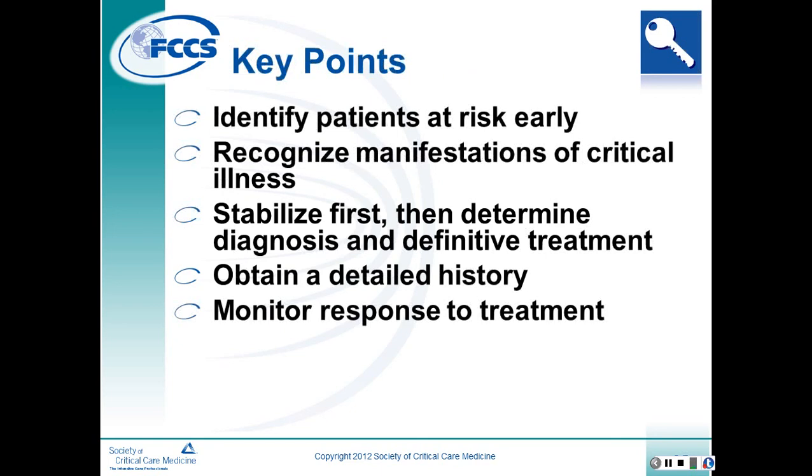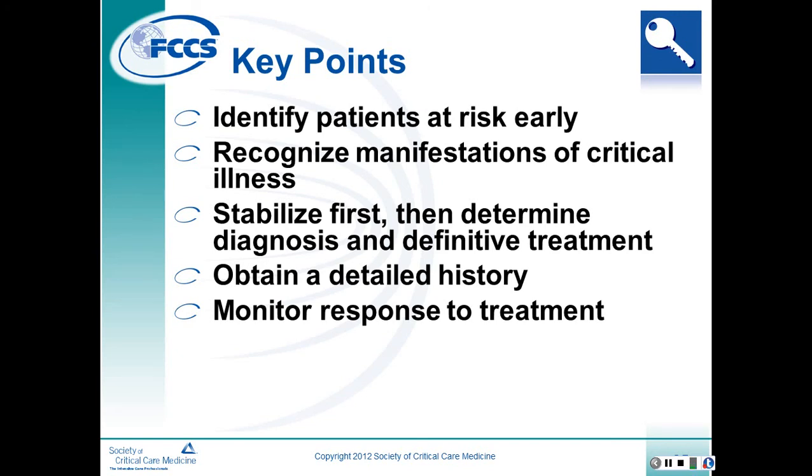So, the key points again to review, and then I'll take questions. Know how to identify patients who are at high risk, people who can deteriorate on you quickly. Know what the manifestations of critical illness are. Stabilize them first, sometimes with very, very simple interventions, and then later, think about your diagnoses. Create your differential in your head, and then focus your treatment.